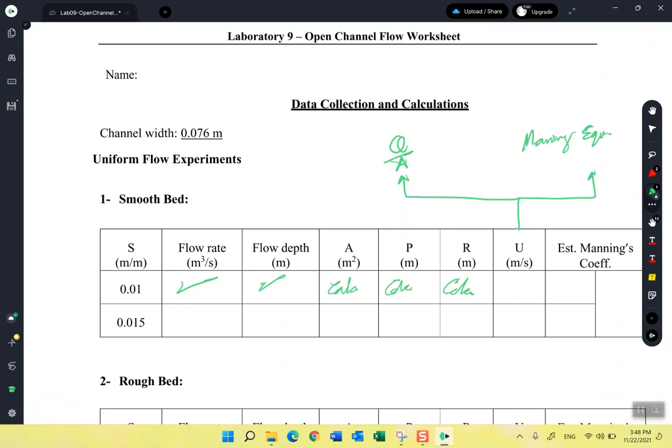If you recall, Manning equation has Manning coefficient in it, and I think you understand that there is no mention for any Manning coefficient right now. It's not given. And actually the purpose of this experiment is to get Manning coefficient.